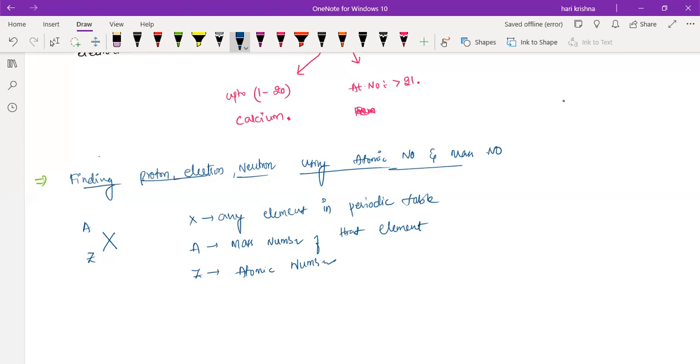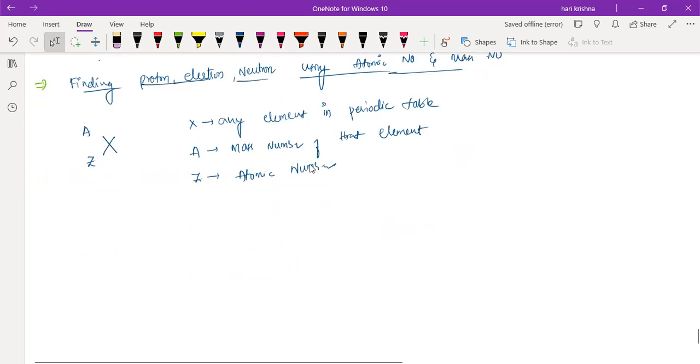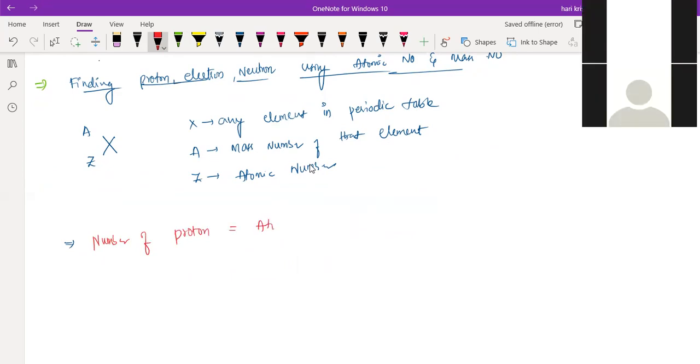The number of protons is always equal to the atomic number.